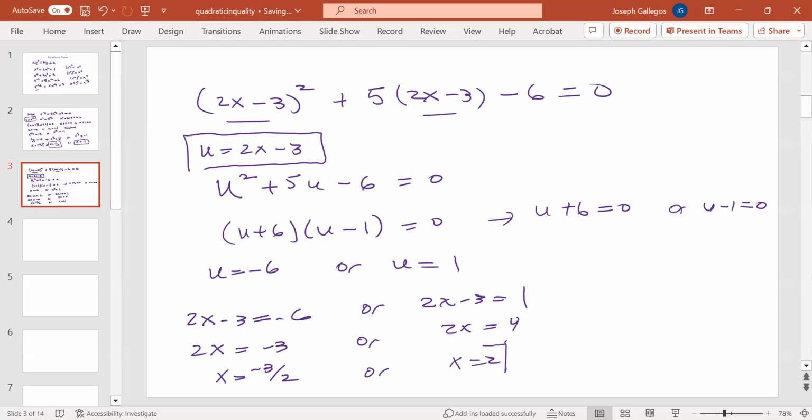And these are the two solutions to that quadratic equation. Of course, something like this one, if you wanted to, you could have multiplied everything out and collected like terms and then solved the resulting quadratic equation. But that is only going to work for this type of equation when you have this kind of substitution. Anyway, I hope that helps.